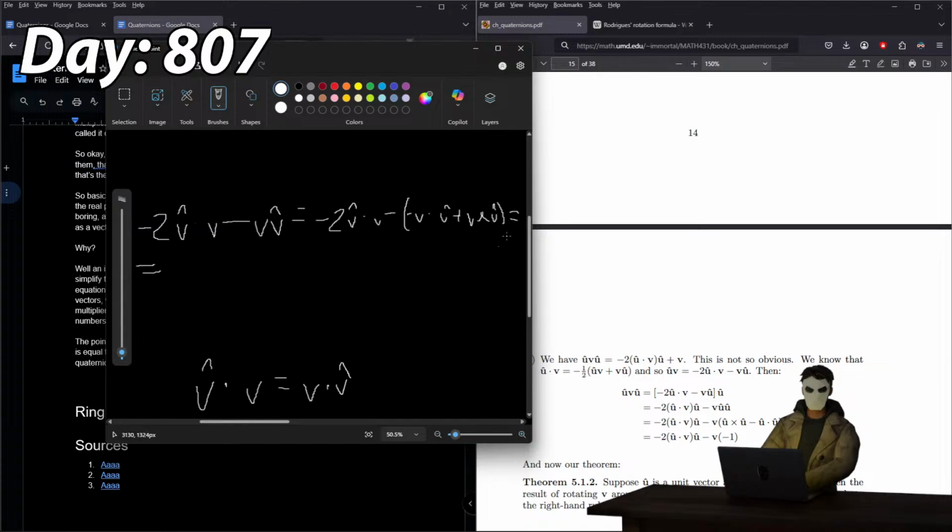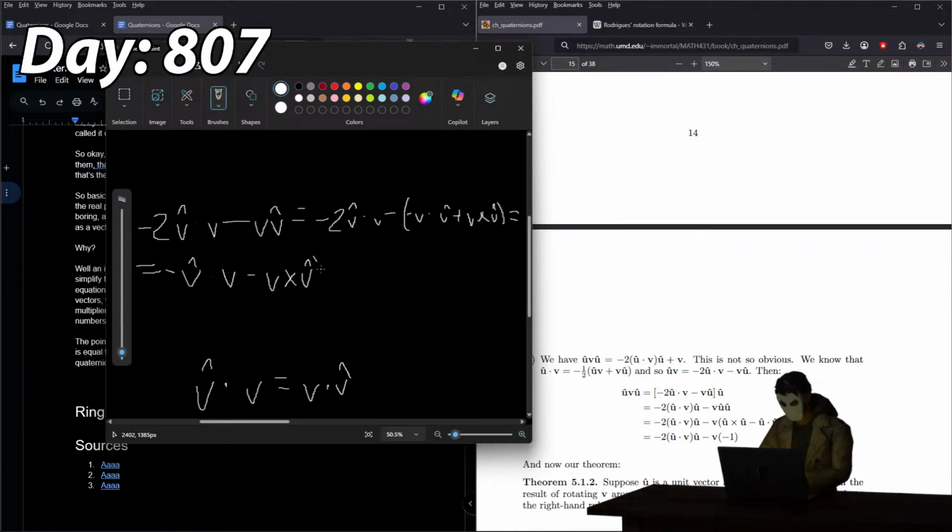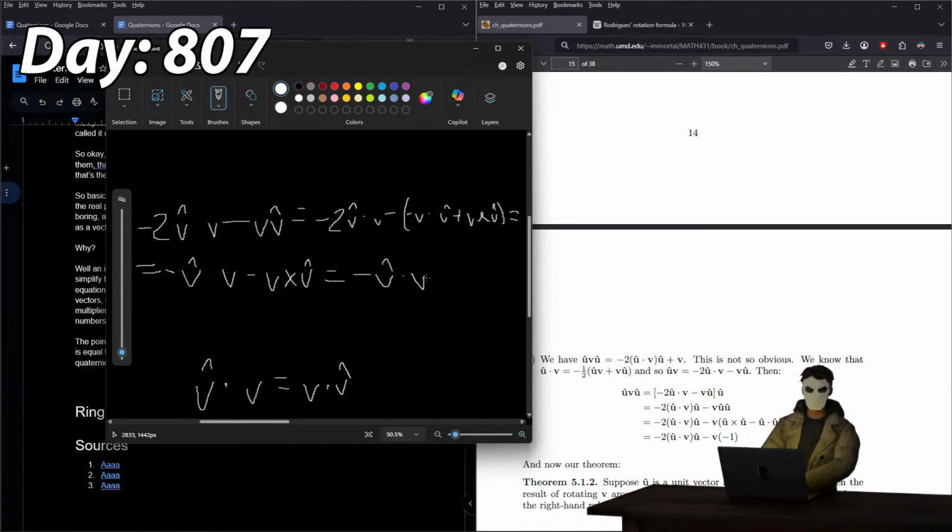Yeah, which means now we can extract it outside the minus, which would give us a plus v, which means it should give us minus u dot v minus v cross u. Oh, that seems to be onto something. Because then what we can do is just do minus uv plus u cross v, which is equal to u dot v.